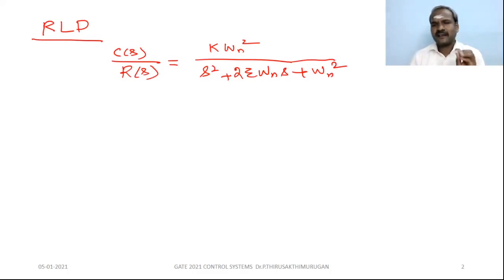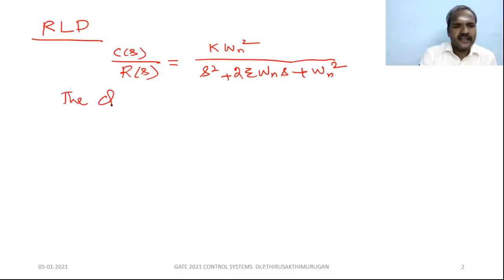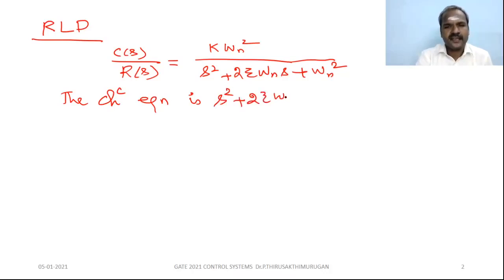This is the closed loop transfer function. The characteristic equation is the denominator of the closed loop transfer function, that is s squared plus 2 zeta omega_n s plus omega_n squared equal to 0.